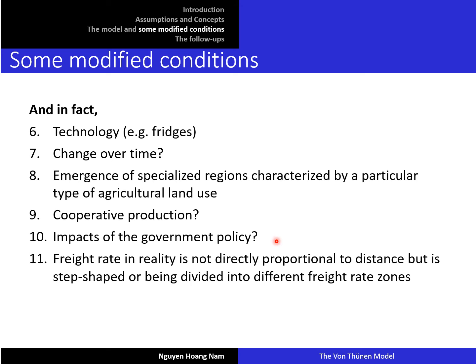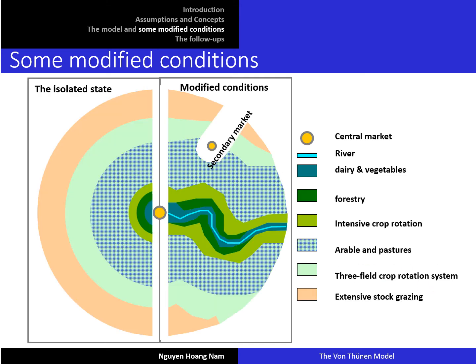In reality, you know that we have different freight rate zones, and there are many other factors that can change the freight rates. And because of that, the rings, as you can see on the left here, can be changed to not rings anymore.